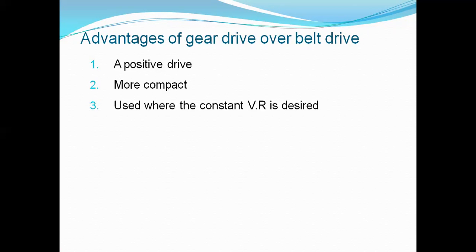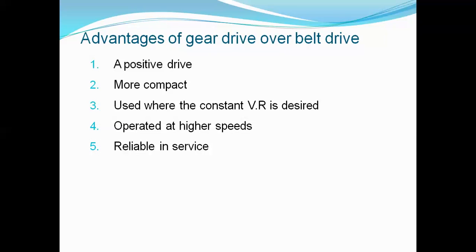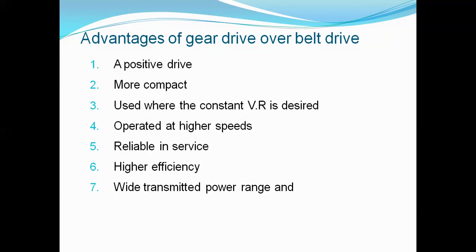In the last class on belt drives, we discussed the velocity ratio, that is, speed is inversely proportional to diameter, right? N2 by N1 is equal to D1 by D2. Here we are getting a constant VR. The velocity ratio does not change because the two shafts are close to each other. It is operated at higher speeds and is reliable in service, with higher efficiency, wide transmitted power range, and lighter loads on the shafts and bearings.